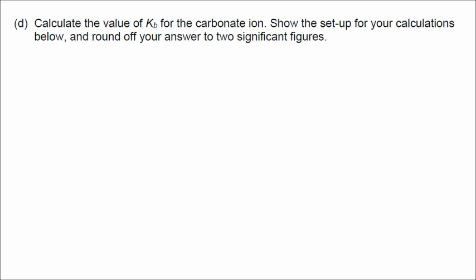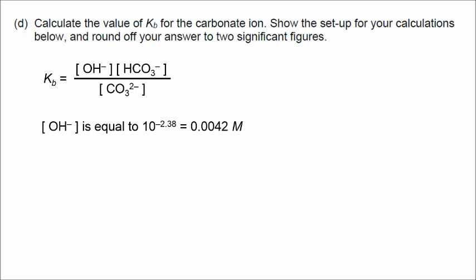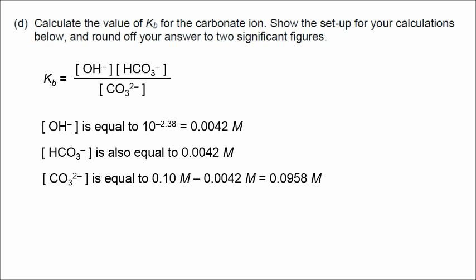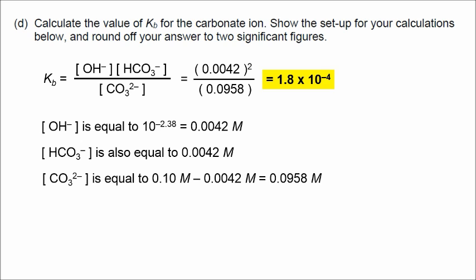Well, let's go ahead and calculate the value of Kb. Since we know the concentration of hydroxide, it's also the same as the concentration of hydrogen carbonate, and the concentration of the carbonate ion is 0.1 molar minus that small little bit that ionizes. So plugging those numbers into the Kb expression, we get Kb is equal to 1.8 times 10 to the negative 4.